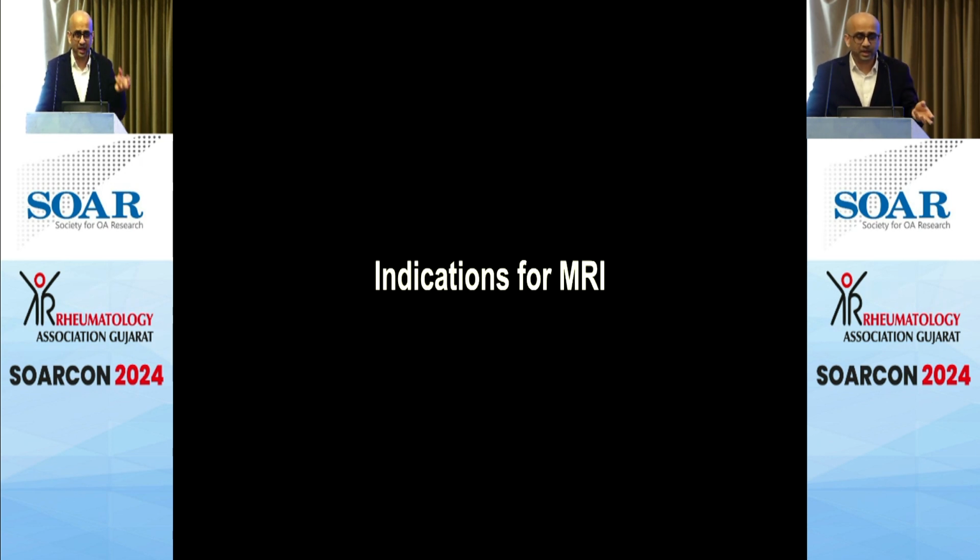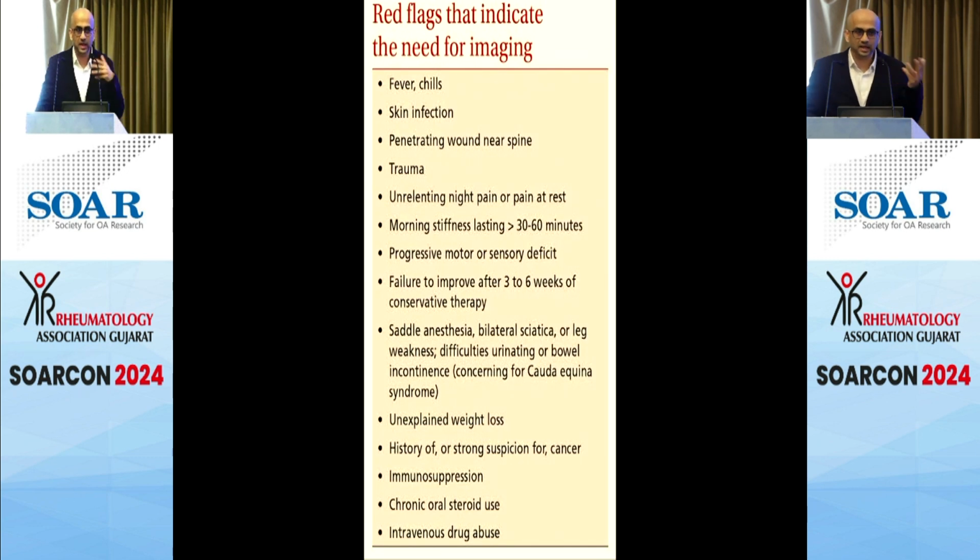So that brings us to indications for doing spine MRIs. We all know these. There's a big list of red flag signs when we ask for imaging. The primary reason for low back pain imaging is when we suspect that something other than a degenerative change is responsible for the patient's back pain. You're thinking of infection, fracture, etc. So there's a big list of red flags, and we are asking for MRIs for that purpose.